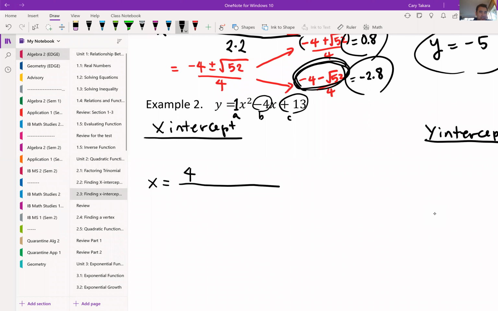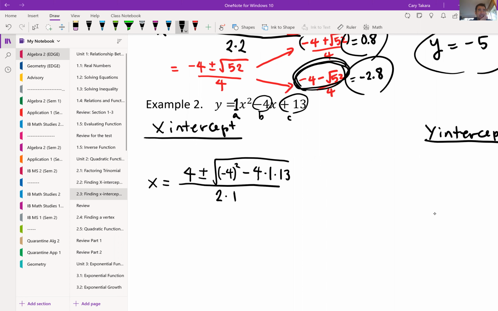So it's going to be positive 4 plus or minus square root of negative 4 squared minus 4ac. Oh, okay, yeah. So this is actually a little trick question here. And then 2 times a.